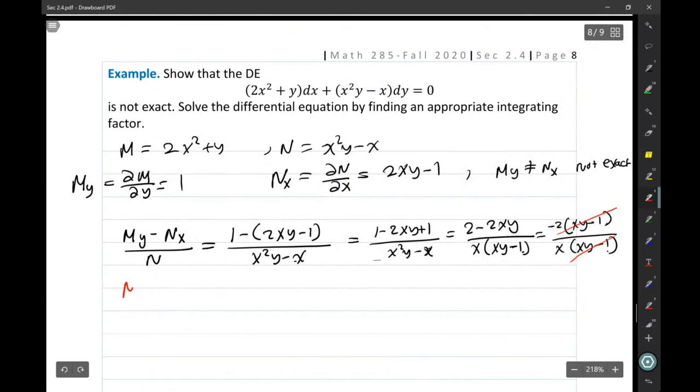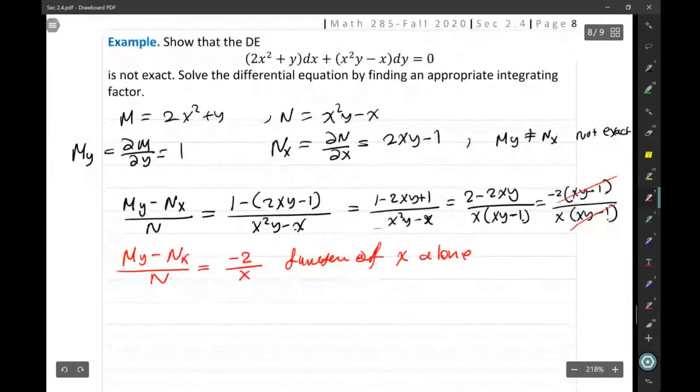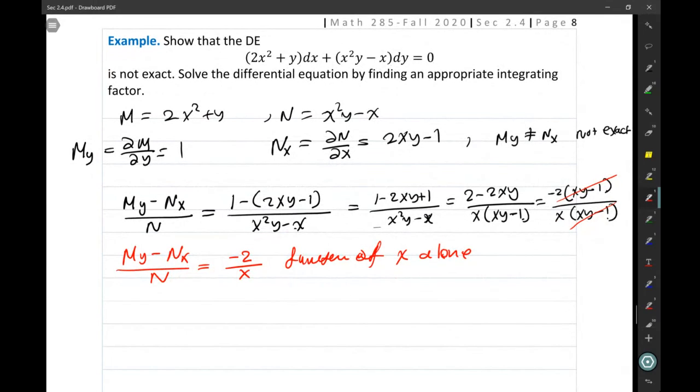So M sub y minus N sub x divided by N is equal to minus 2 divided by x, which is a function of the variable x alone.